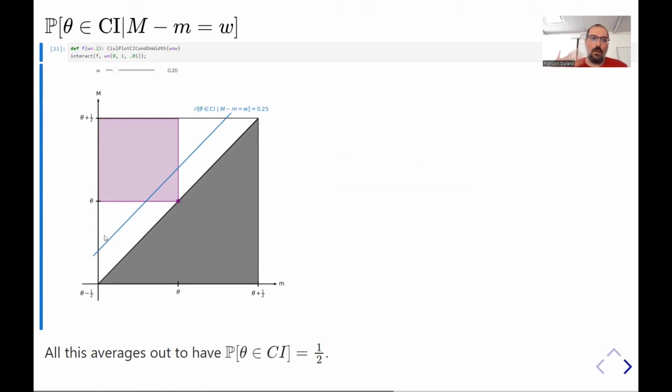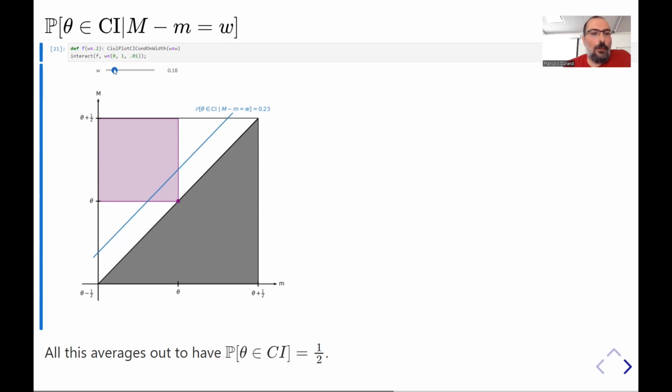To continue on that and illustrate what I've just said, we can have a look at the probability that theta is in the confidence interval, knowing the difference between small m and big M. All the events with a given value of big M minus small m are on the blue line here. When it's in the purple region, theta is in CI, and when it's in the white region, theta is not in CI.